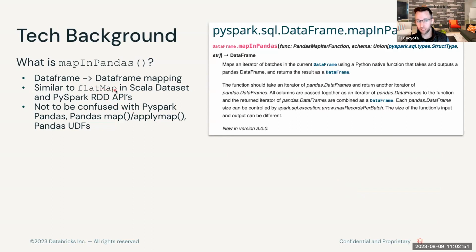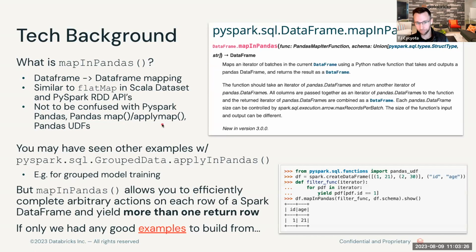If you've used the Scala dataset API or PySpark RDD API, it's similar to a flat map operation. Importantly, MapInPandas is not to be confused with PySpark Pandas, Pandas map or apply map, or Pandas user-defined function. Pandas is all over the place, throughout Spark, throughout Python development. So we just want to call out that what we're talking about today, MapInPandas, is slightly different than all those approaches. But we'll go through a couple of examples of how to use it on real, tangible use cases.